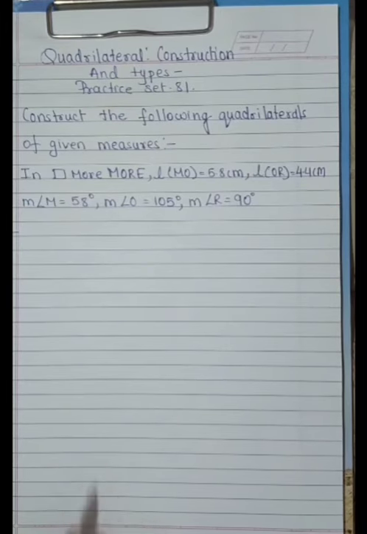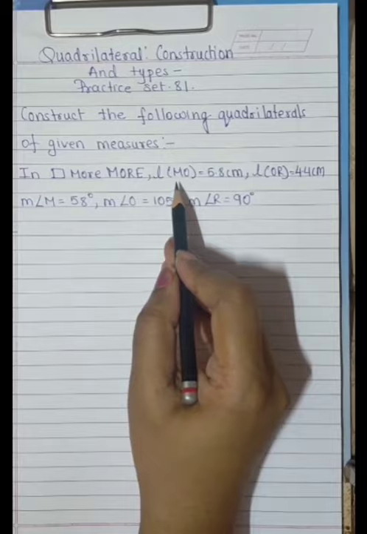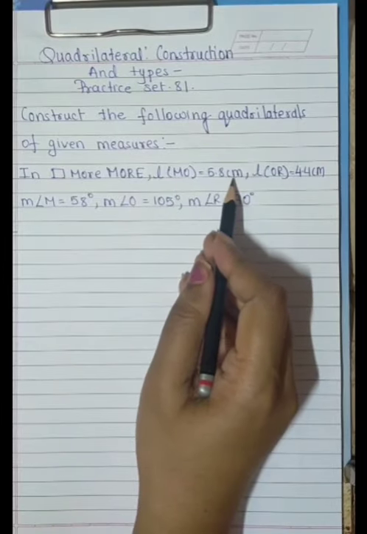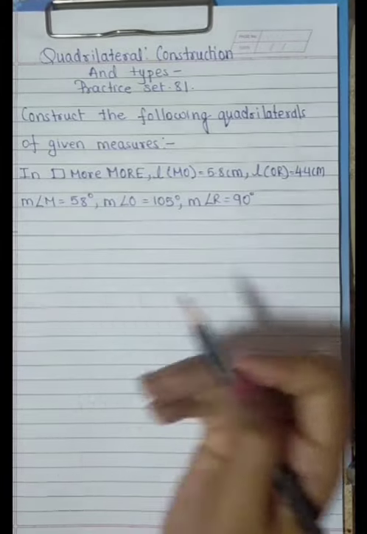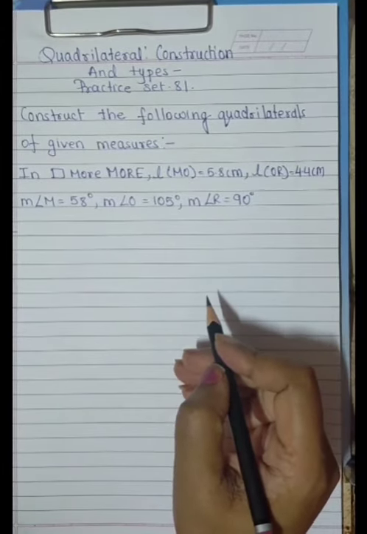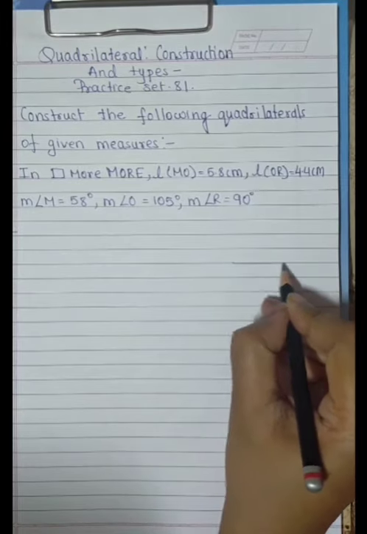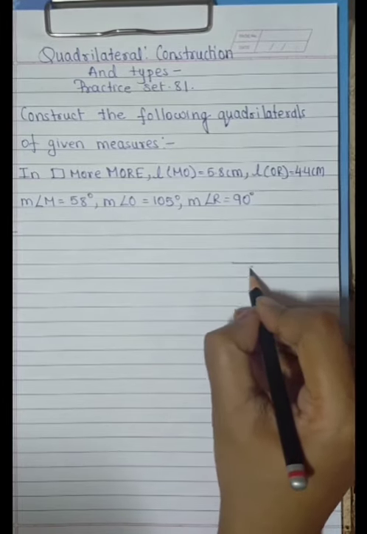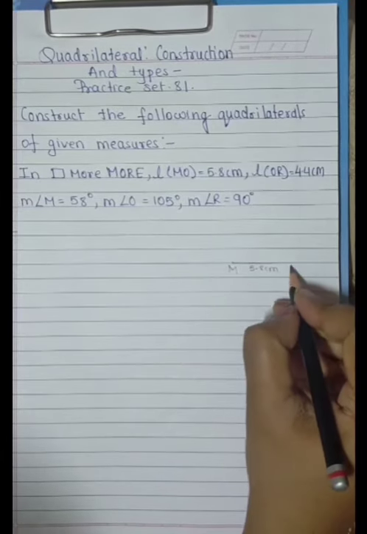So as you can see, what is given? MO is given 5.8 centimeter. Before starting construction, I am going to show you the rough diagram of it. So I am writing here, this is our 5.8 centimeter MO.